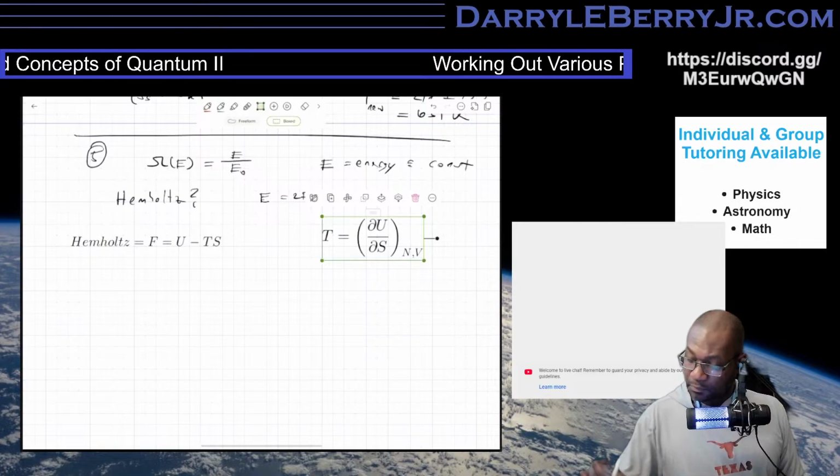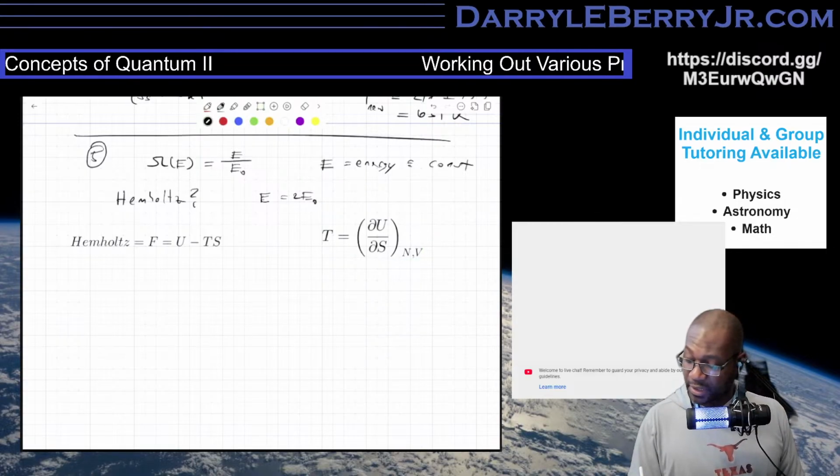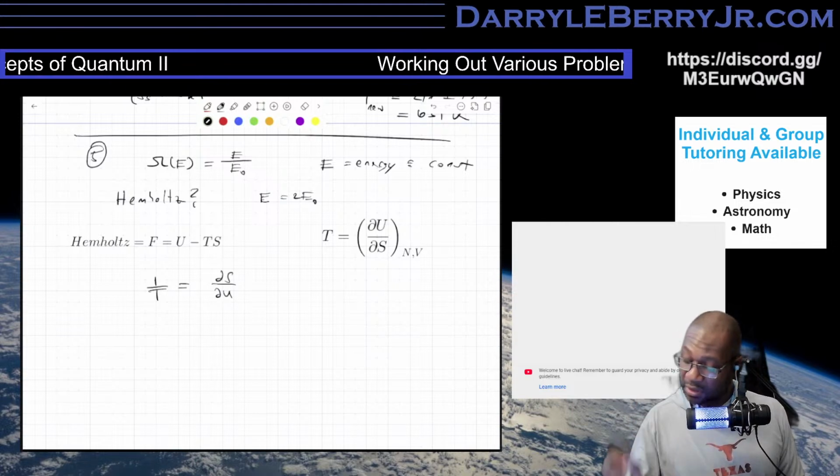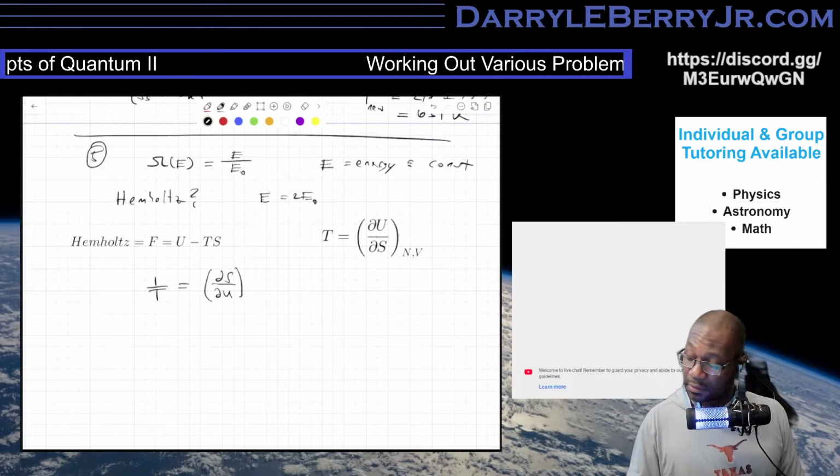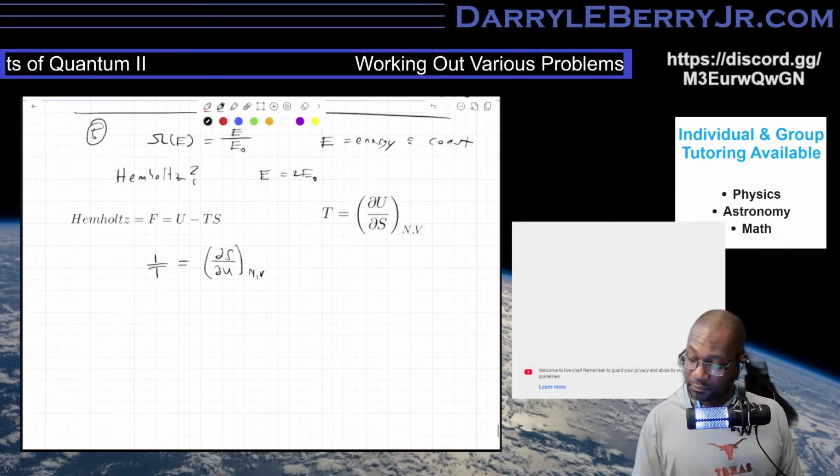So we could also say that 1 over T equals partial S partial U in V.